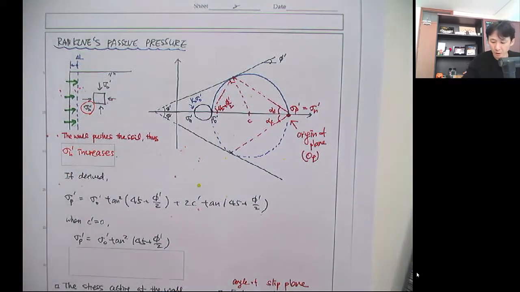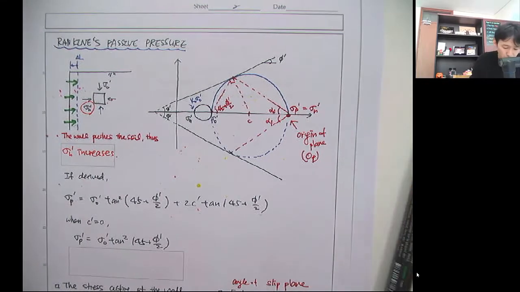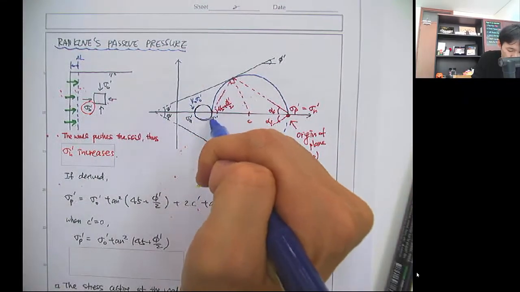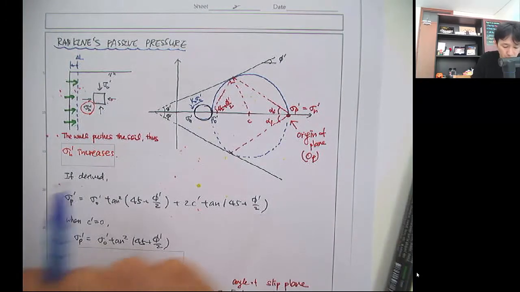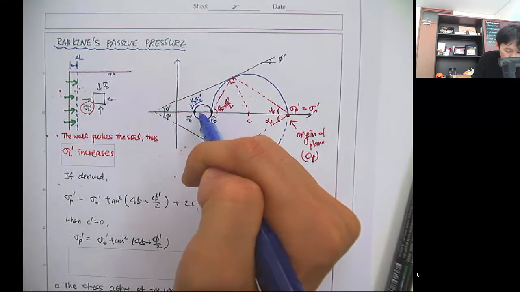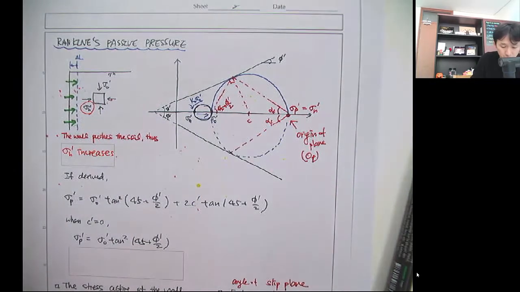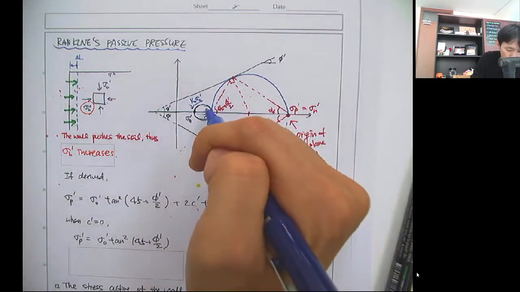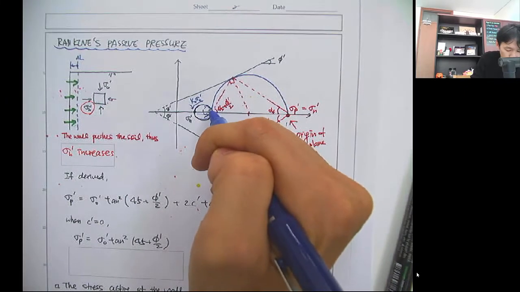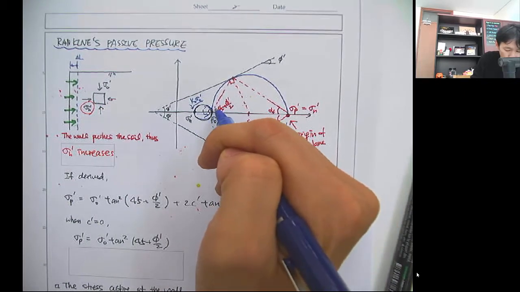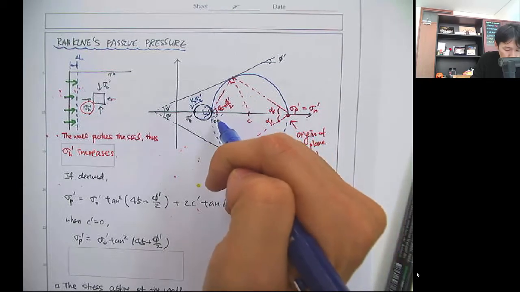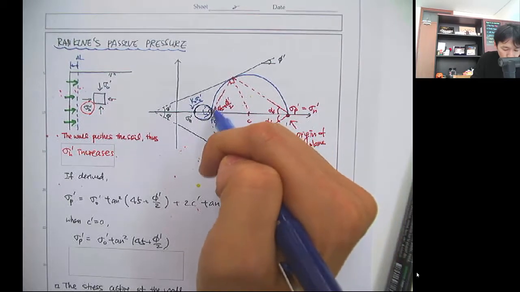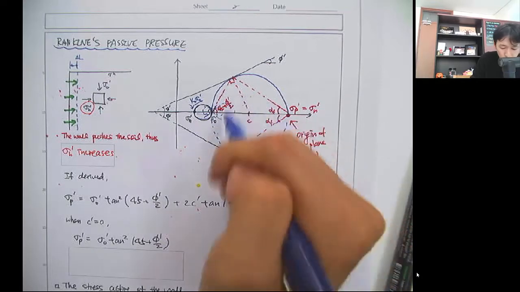So if the original circle is here, the static case, K naught times sigma naught prime, then this is going to move in this direction, so the circle will be smaller, and then if the sigma h prime exceeds the vertical effective stress, you have this kind of a circle growing more and more.